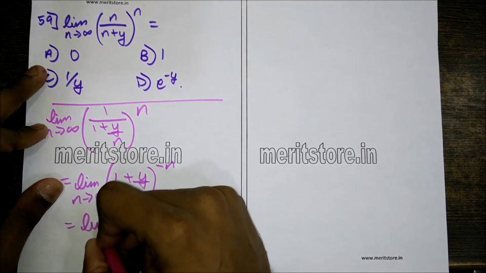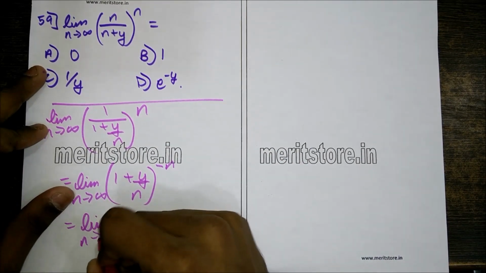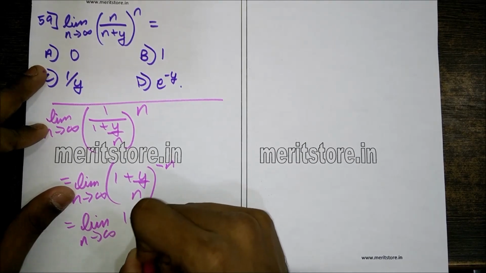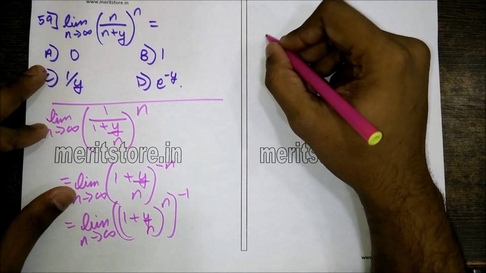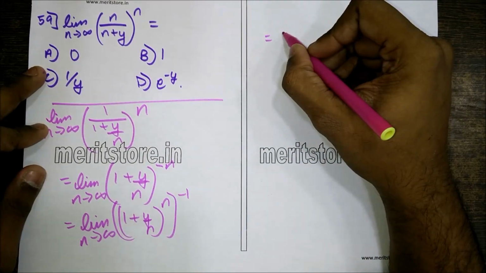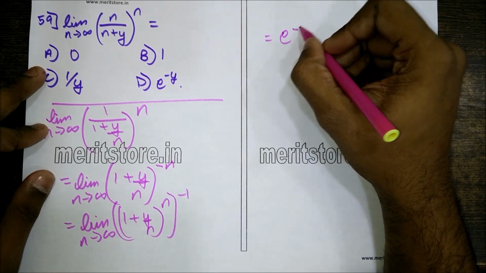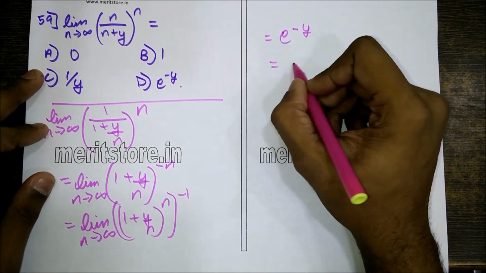That gives us limit of n tends to infinity of 1 plus y by n raised to n, raised to minus 1. Now we can apply the limit of n tends to infinity, giving us e raised to minus y, which is option D.